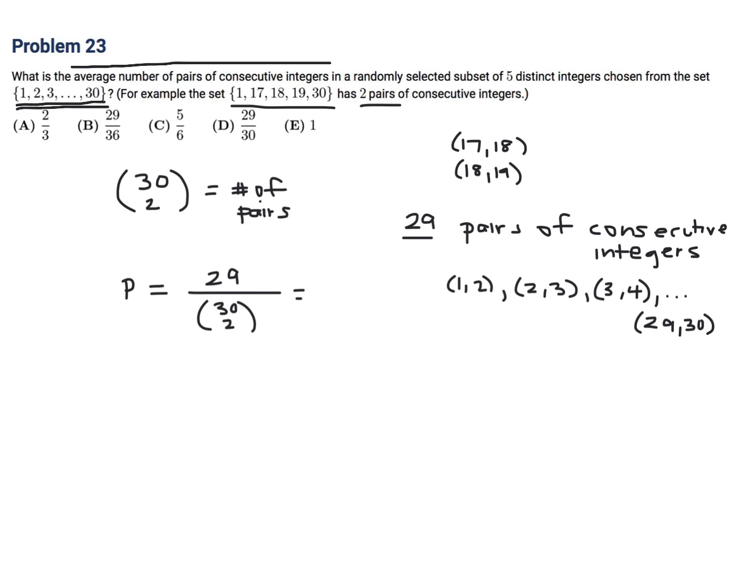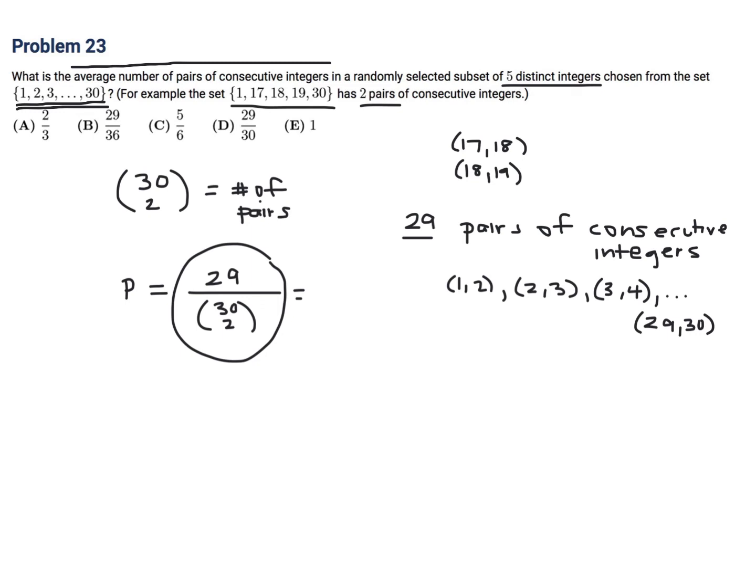But it's not that simple, because we have to also multiply it by something. What is it that we have to multiply by? We have to take into consideration that we are choosing 5 numbers from this set. And from those 5, we have to choose a pair.